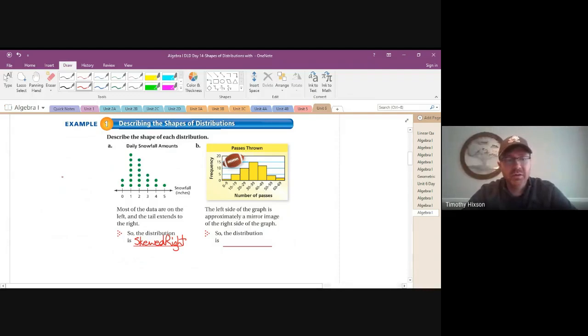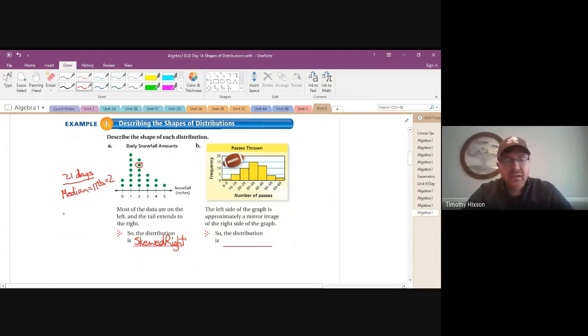So there's 21 days, and that means the median is going to be the 11th item in the data set. If we start counting 1, 2, 3, 4, 5, 6, 7, 8, 9, 10, 11, the median equals 2. That's our median.